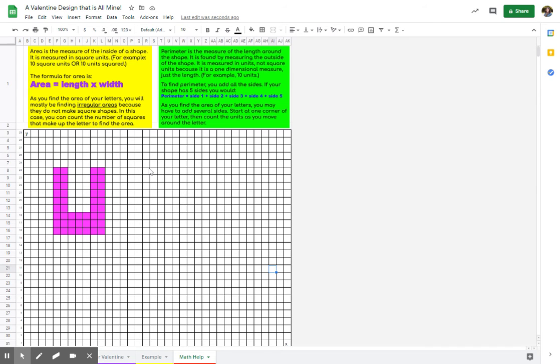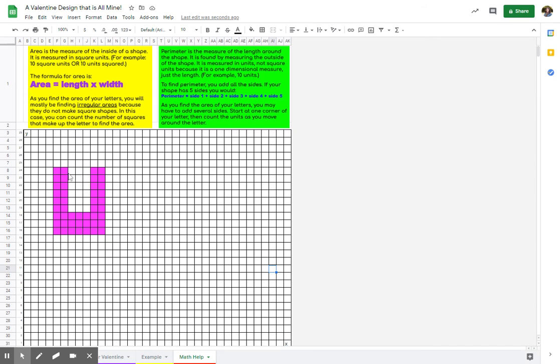I'm not taking length plus width like you might do if you had a rectangle. Instead, very important that you think about where you're starting. I'm going to start here at my top left corner. And then to find the perimeter of this shape, it's like I'm going to literally walk around it with my mouse, and I'm just going to count the length of these measures as I go.